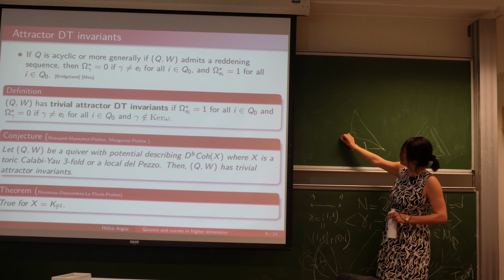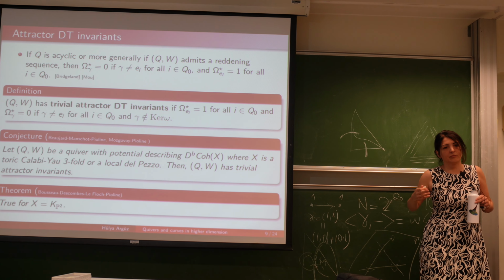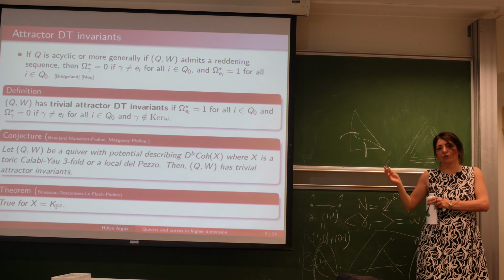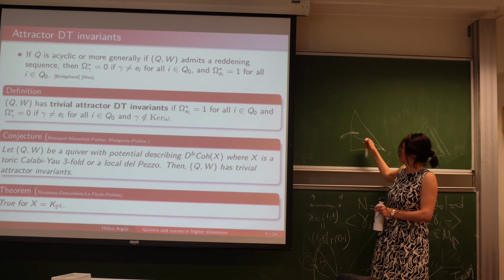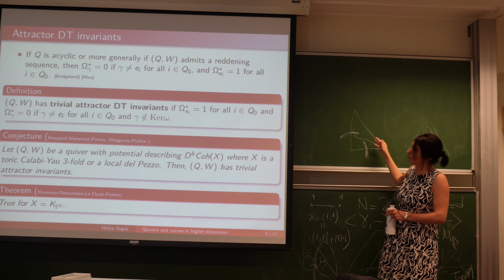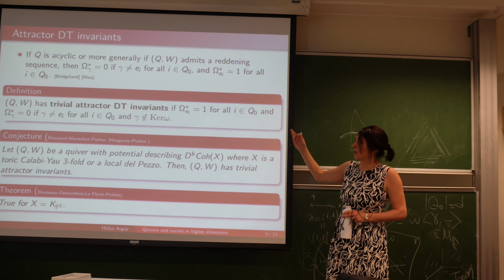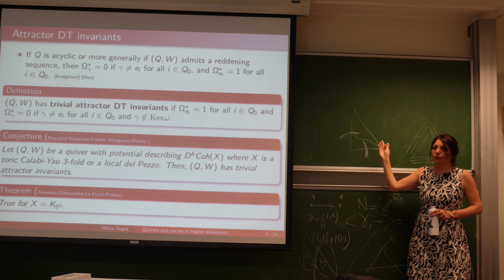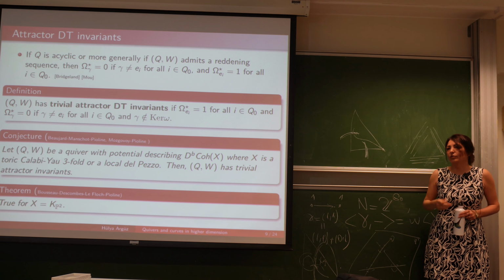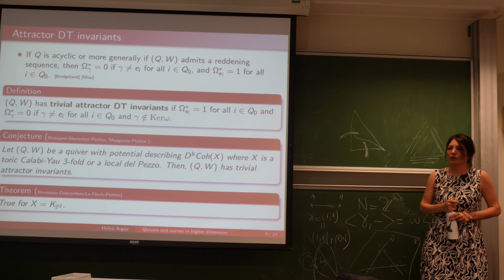So we run an inductive algorithm using tropical geometry, with just the data of the exceptional curves we blow up, to calculate all A1 curves in the tropical vertex. So in my mind, these attractor DT invariants are analogs of such simple curves from which you can cook up all other invariants.